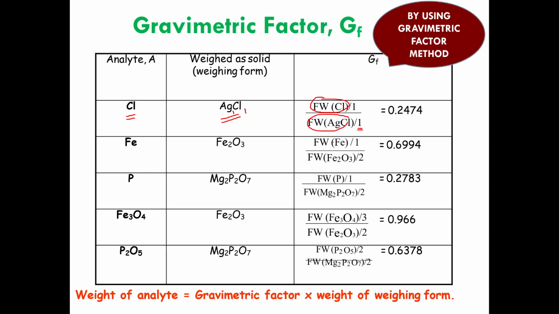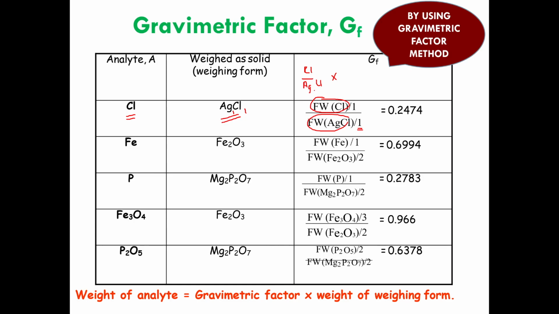Okay, and if we look at the slide before, we can also use the formula weight for chlorine divided by the formula weight for the precipitate, which is silver chloride, and then multiply by how many atoms of analyte are in the precipitate.